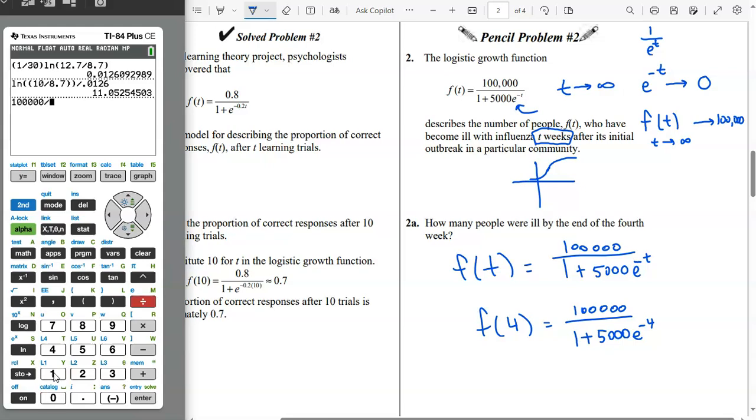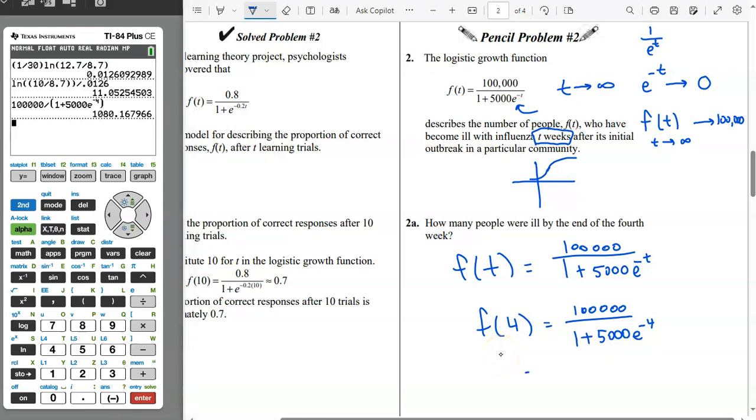100,000 divided by, here parentheses are going to be necessary, 1 plus 5,000 times e to the negative 4. I'm moving that parentheses to there. This looks good.